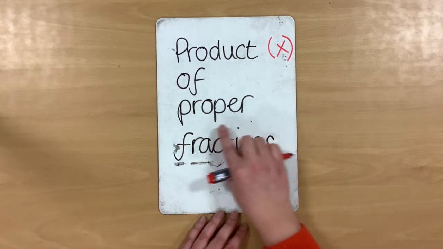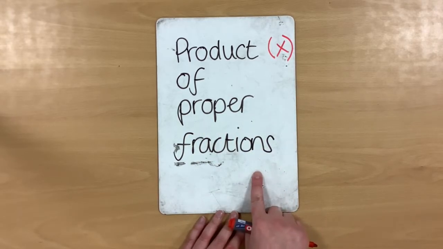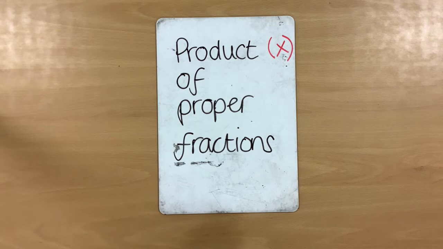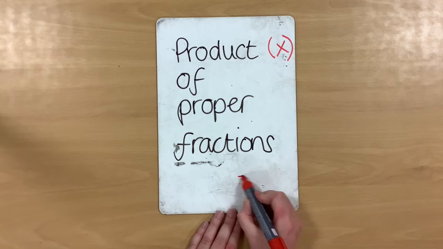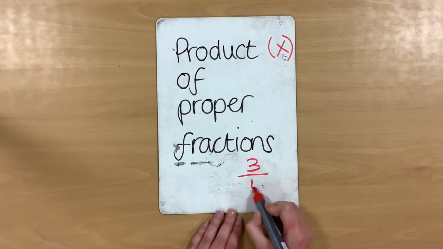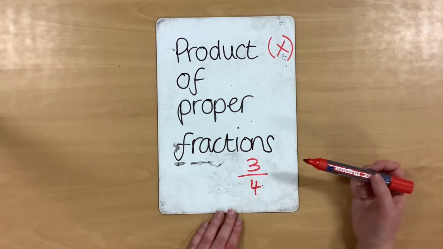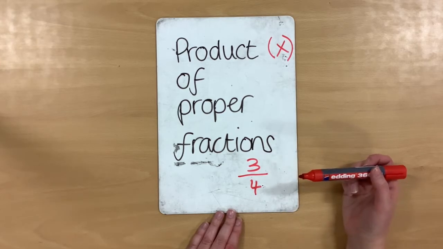Then we've got the term proper fractions. In maths, we quite often use the term improper fractions, which are just the opposite of proper fractions. A proper fraction, for example, would be 3/4, because the fraction is less than a whole.